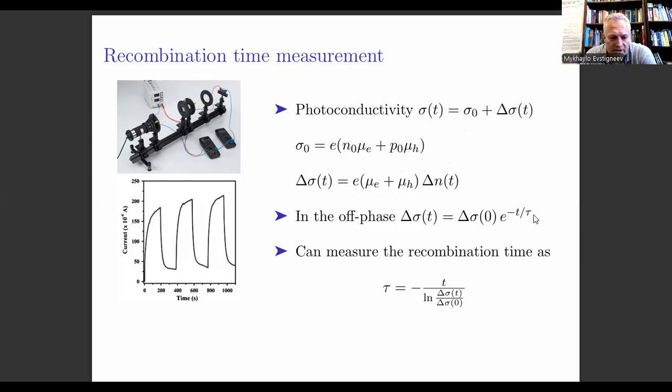And now, let's say, if you're looking at the off phase, then since delta n of t decreases exponentially, so does the photoconductivity.